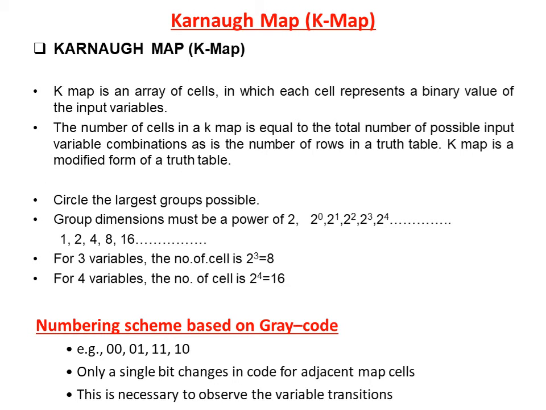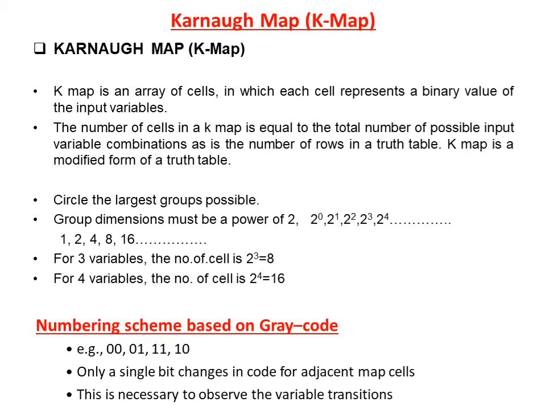Karnaugh map is an array of cells in which each cell represents a binary value of the input variables. The number of cells in a K-map is equal to the number of possible input combinations in the truth table. That is, a K-map is a modified form of truth table. The grouping in the Karnaugh map is in powers of 2, that is 2 power 0, 2 power 1, 2 power 2, 2 power 3, 2 power 4.